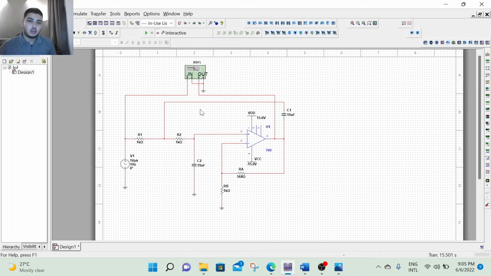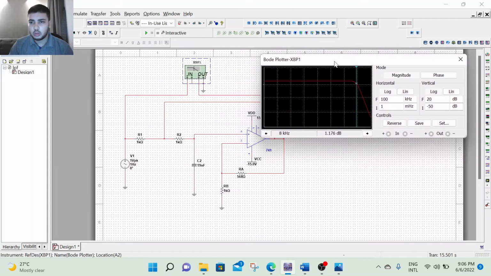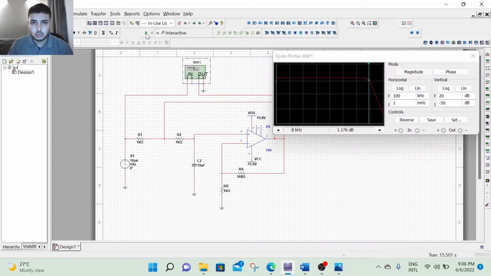By using the result here, I made this circuit for the low pass filter with the input and R1 and R2, which is 1 kilohertz, and RA is 586, and the capacitor, as you see here, is 19.89 nanofarads. So let's run.